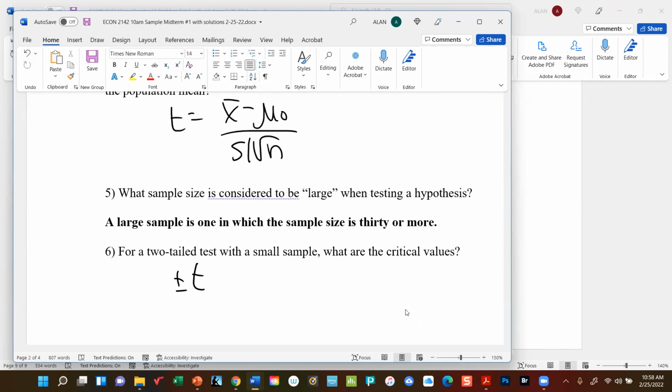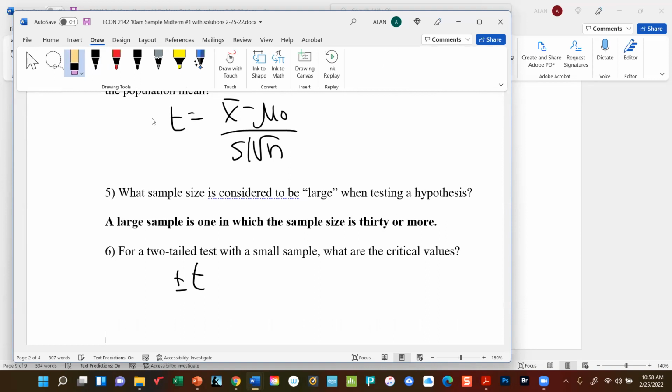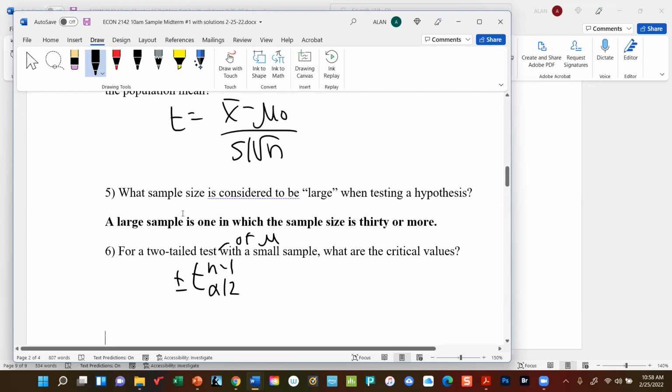This was supposed to be a single population mean. Okay. So in other words, all I wanted to know is how do you write the critical values in this case: plus or minus T with n minus 1 and alpha over 2.